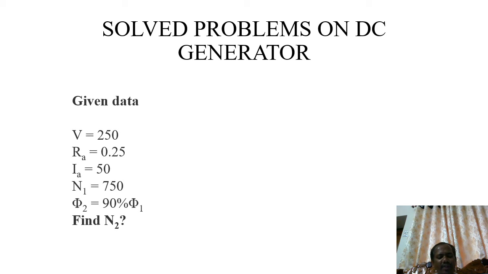Speed is 750. φ2 is 90% of φ1. So the equation E_G is equal to φZN by 60 into P by A. E_G1 by E_G2 is equal to φ1N1 by φ2N2. So once you assume this equation, we'll find N2. N1 is given, we don't know N2. Very simple one, not difficult here. Easy.